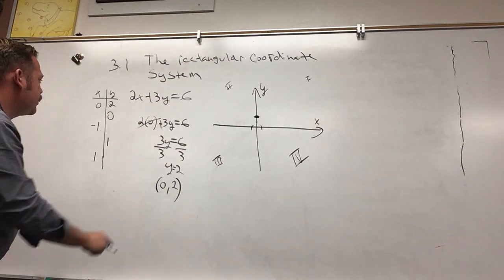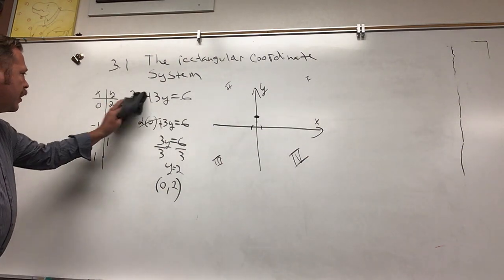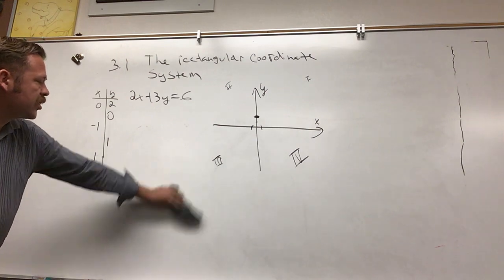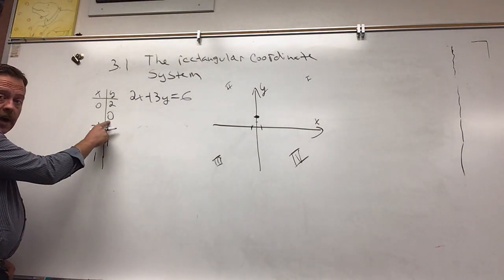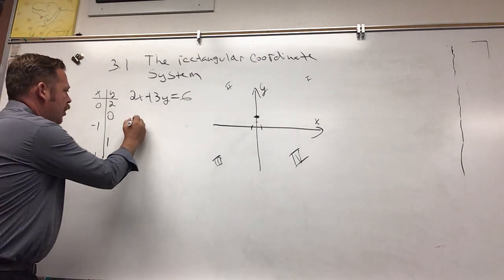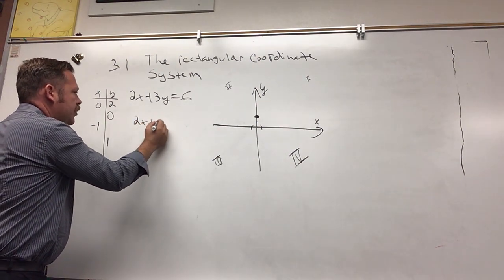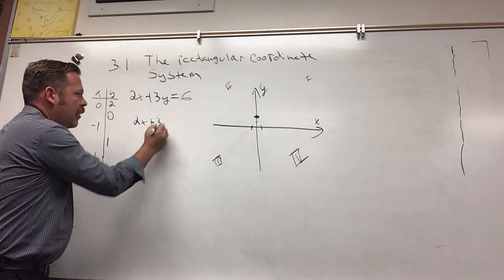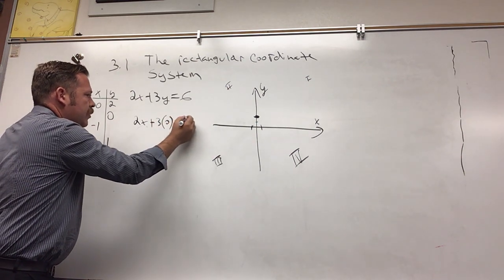Now here's our equation. Here's the points that we had. So it looks like the next value that we're going to plug in is a y value, and that y value is going to be 0. So if I have 2x plus 3, we'll replace the y with 0 equals 6.